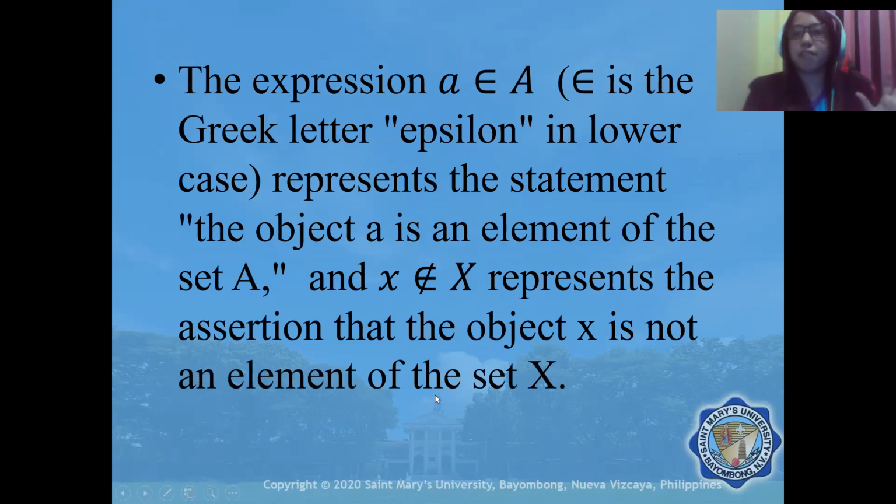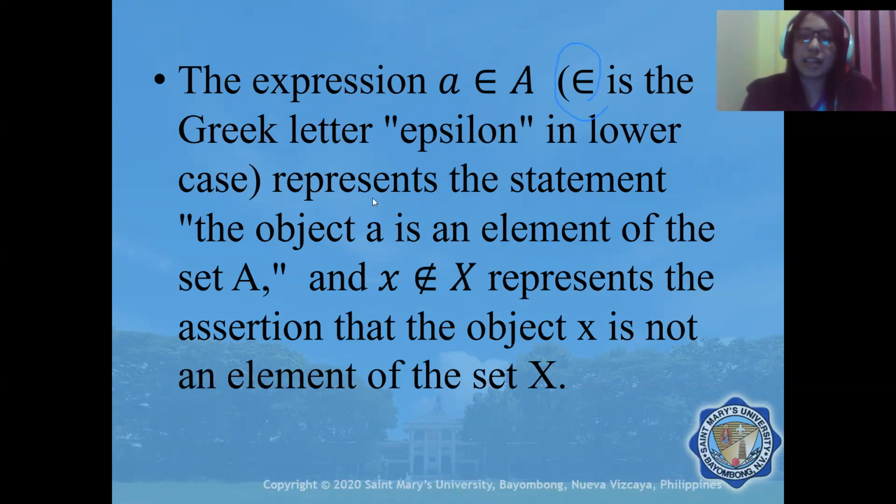We also have an expression that looks like the letter E. It's actually a Greek letter, letter epsilon.